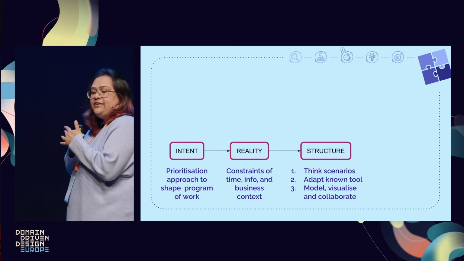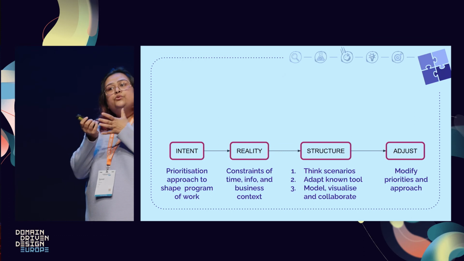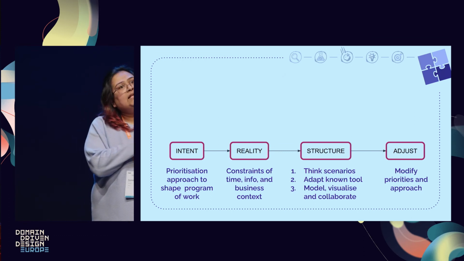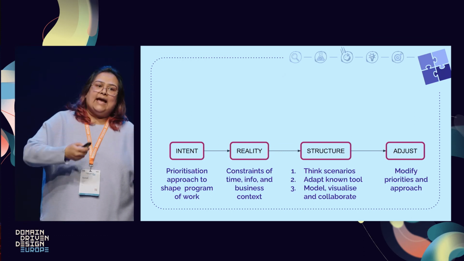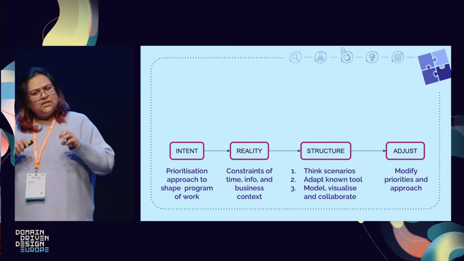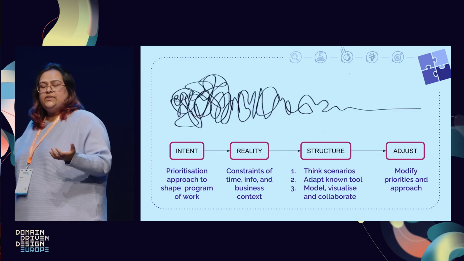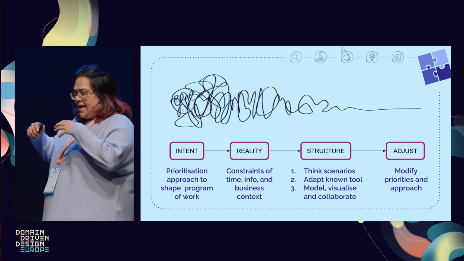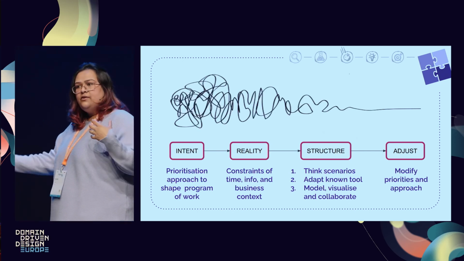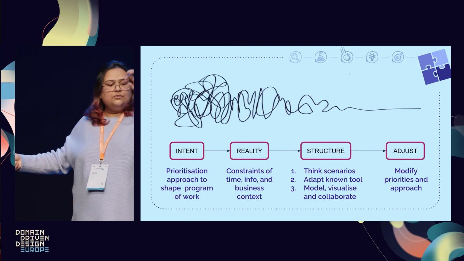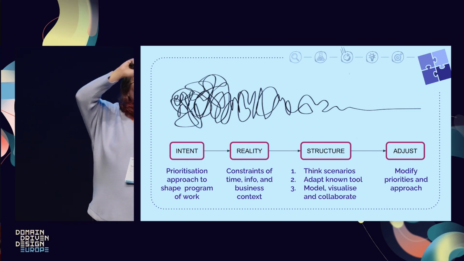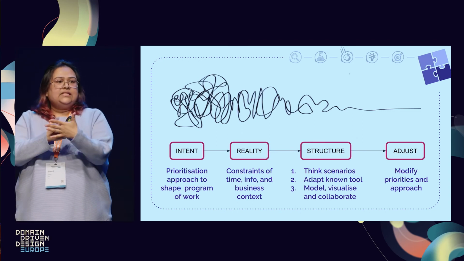What are we really trying to do? What tools do we have at our disposal that we'll be able to adapt, that we are familiar with, we can modify and test and see what that leads to. And as we were going along, we were then able to adjust and modify an initial view of things that needed to be done.